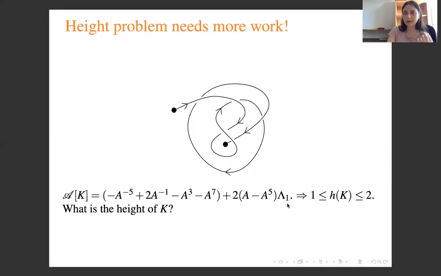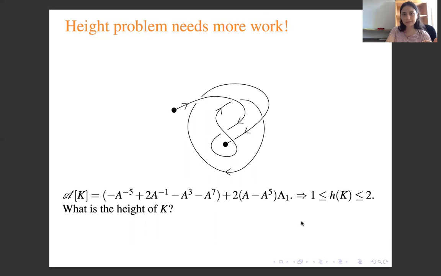Therefore, the height of this knotoid type is either 1 or 2. So the question is, what is the height of this knotoid type? Is it really 1? Can we reduce the distance between the 2 endpoints under some isotopy moves and bring it to have height 1? So we need more observation and tools to answer this question.